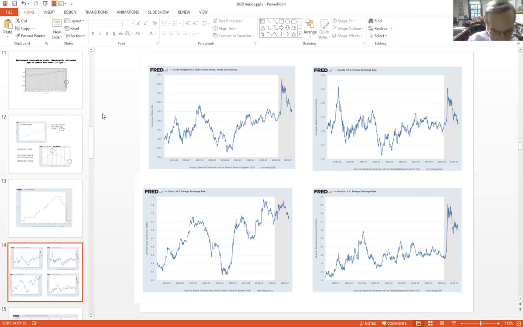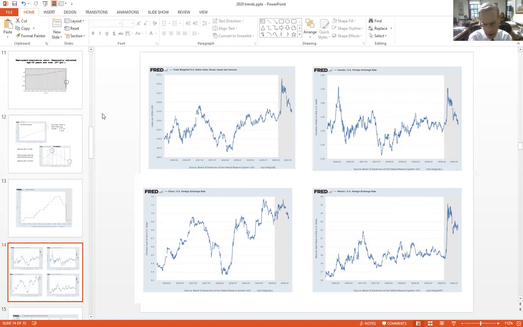The upper left-hand chart in this panel represents the trade-weighted dollar exchange index. It's a measure of the average exchange rates in pretty much all of our international trade. And you can see that for quite some time, the dollar was considered to be valuable, and its value in terms of other currencies rose.